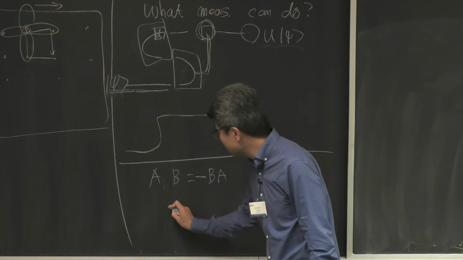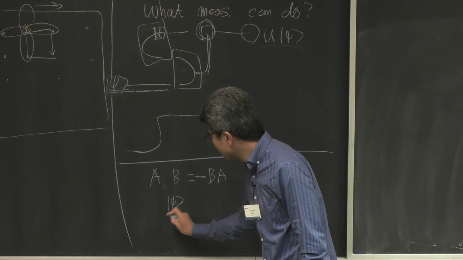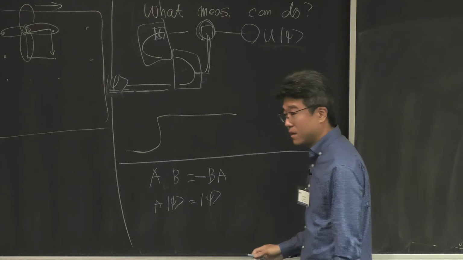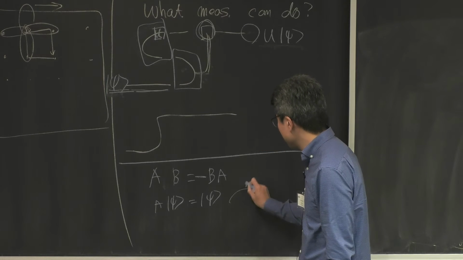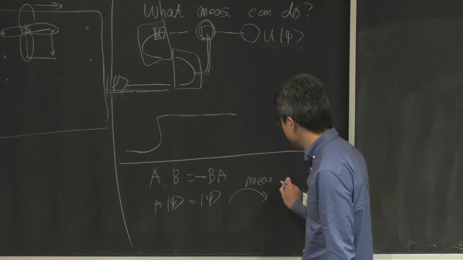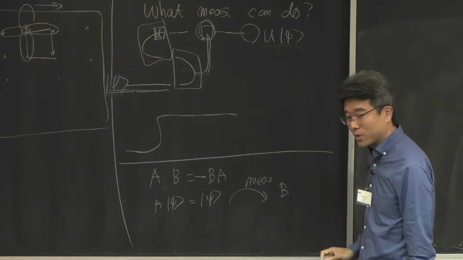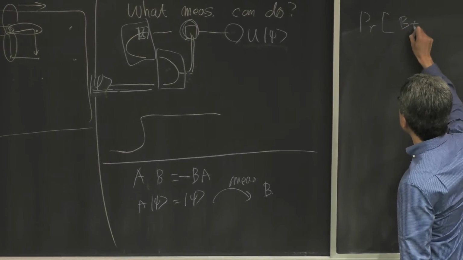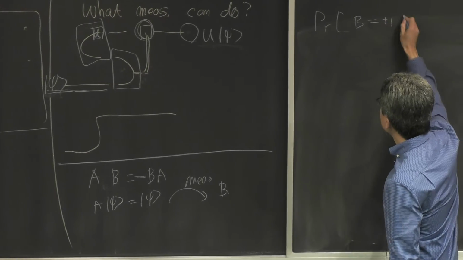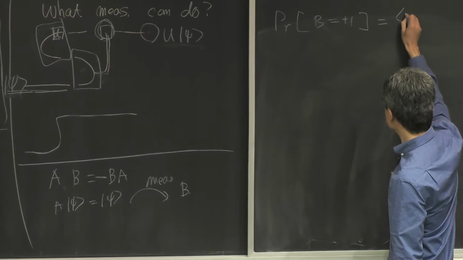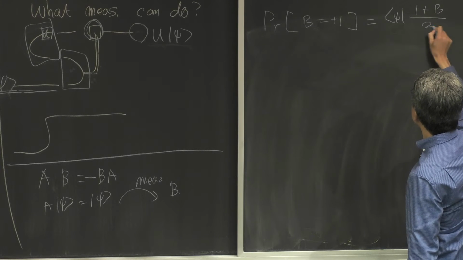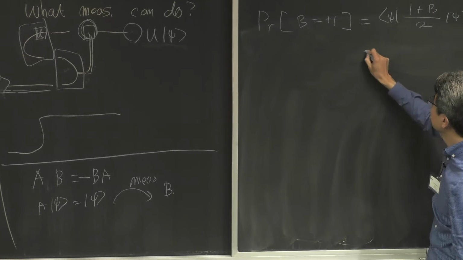And suppose you start with some eigenstate of A. And then you measure B. What happens? In that case, the probability of measuring +1 will be this.